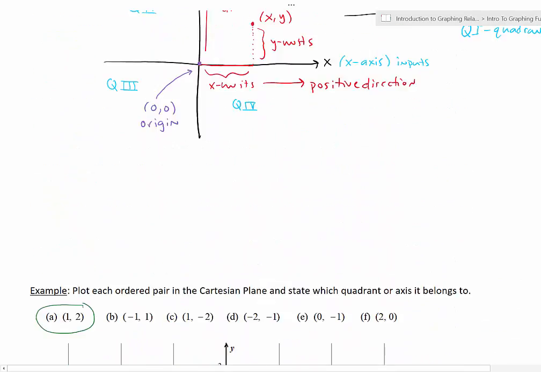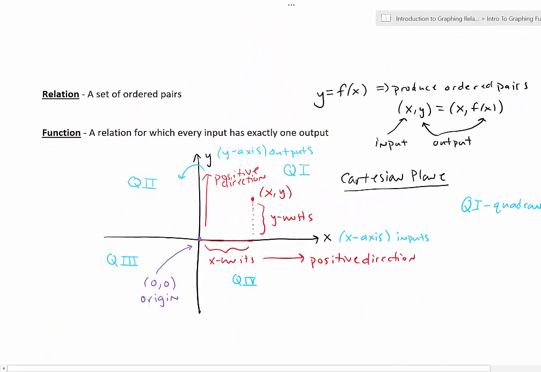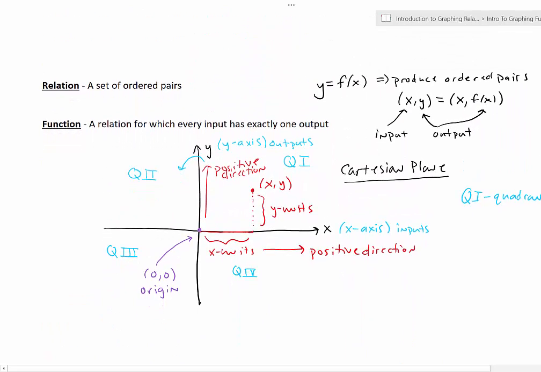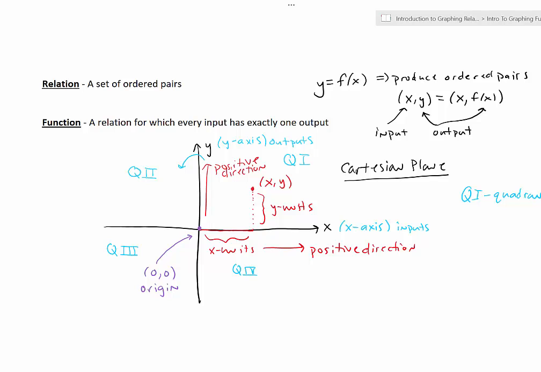So just to refresh what we did, we talked about the Cartesian plane. This is the place where we plot ordered pairs in general, both for relations and functions. Any point that we graph, x comma y, is always plotted by first moving left to right x, or input, units away from the origin.